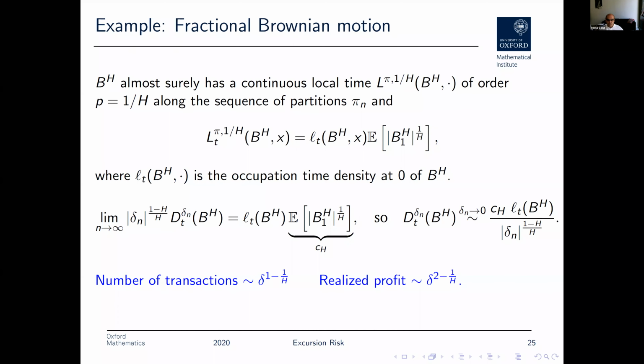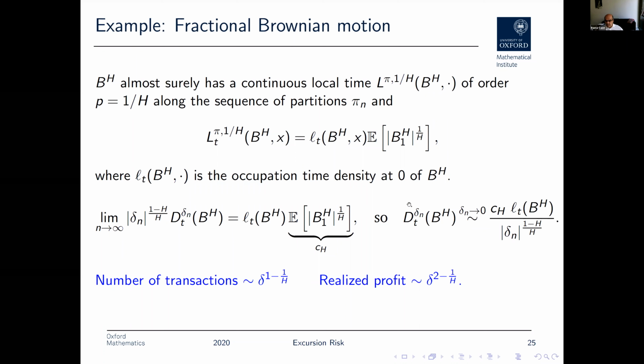So the statement is that for any fractional Brownian motion with Hurst index h, if your signal is fractional Brownian motion, then the number of level crossings times delta to the (1 minus h) over h converges to the local time of order 1 over h, which is equal to the occupation density times the constant.